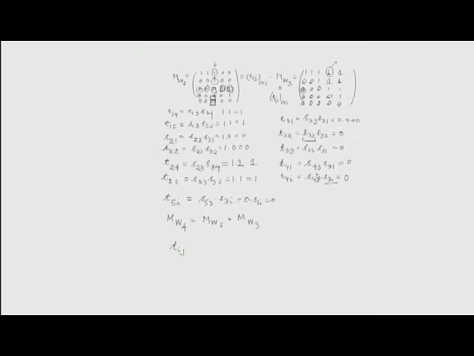T I j equal to S I 4 S 4 j in case of MW4 when S I j is not 1.